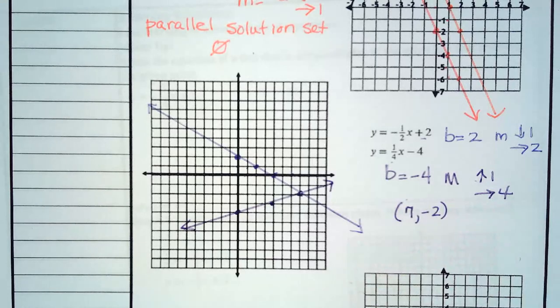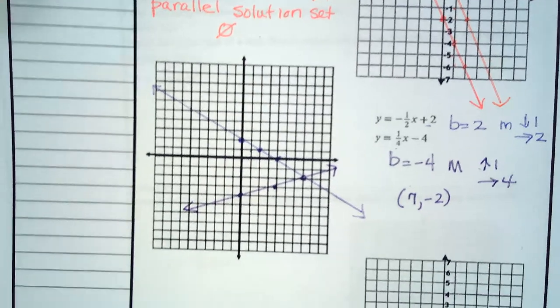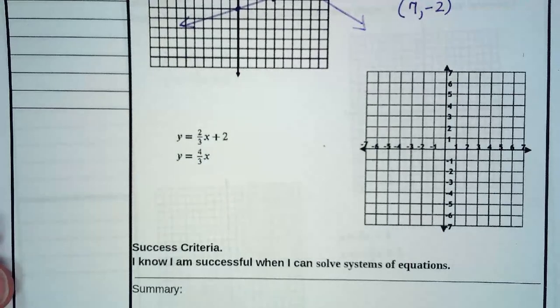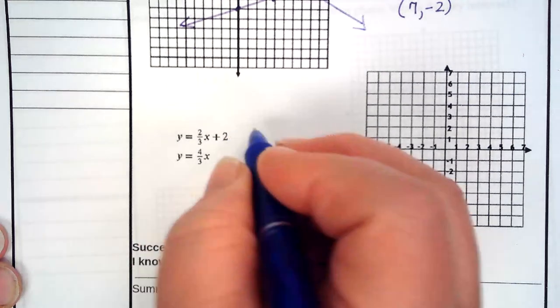Okay, now, if you have not tried at all yet, you have to try to see if you're understanding it. So, pause the video and graph the next one on your own. Okay, where do I begin?